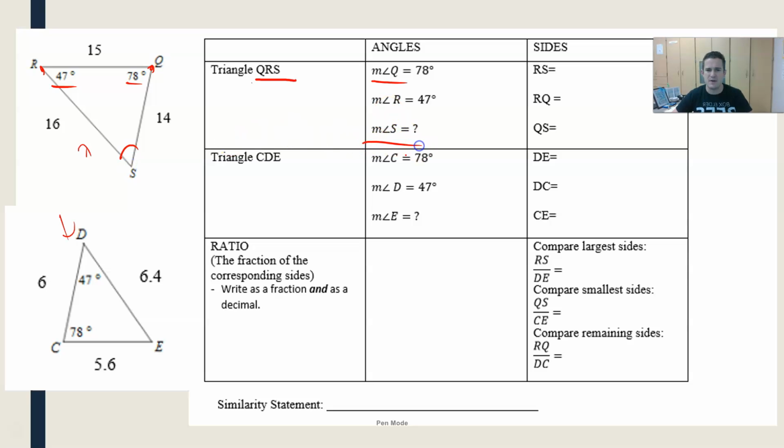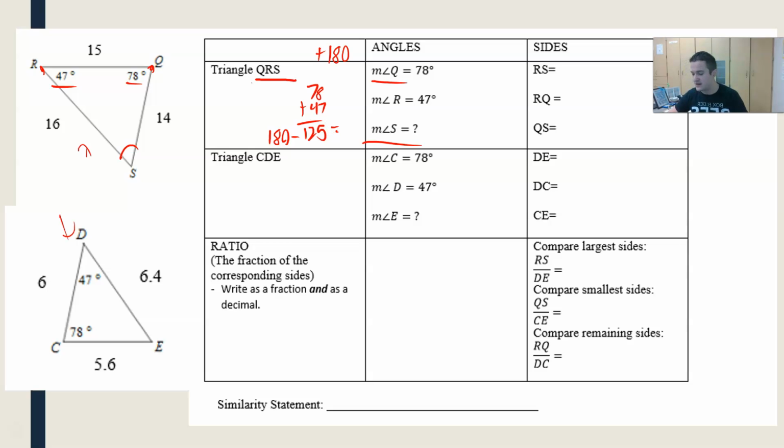It doesn't tell me what the measure of angle S is, but something we know about triangles is that all the angles inside of a triangle add up to 180 degrees. So, 78 plus 47 is 125 degrees. So the angle that's left has to be 180 minus 125 degrees.